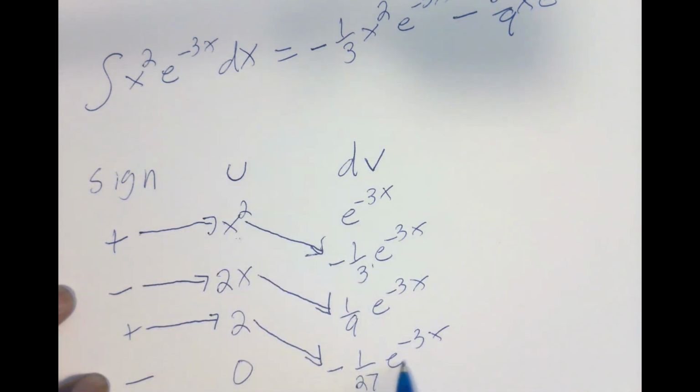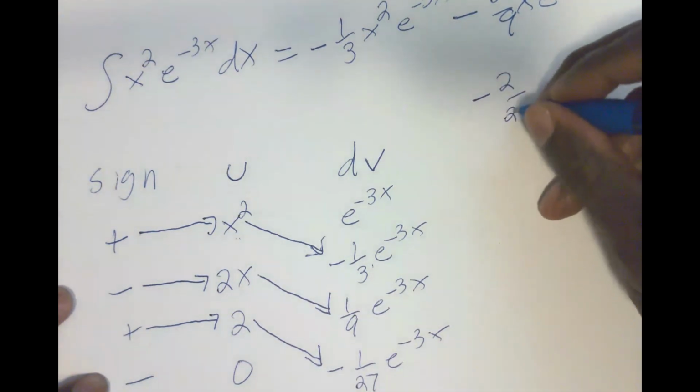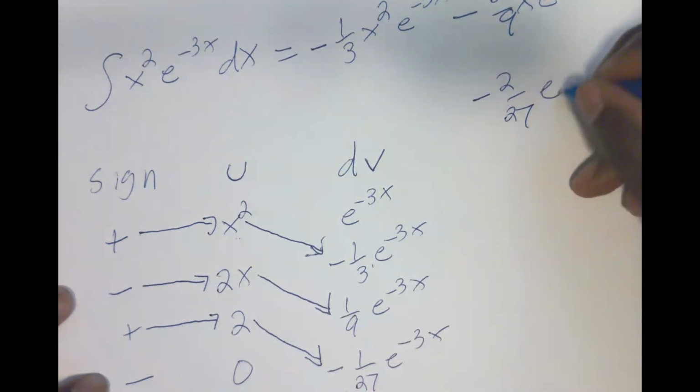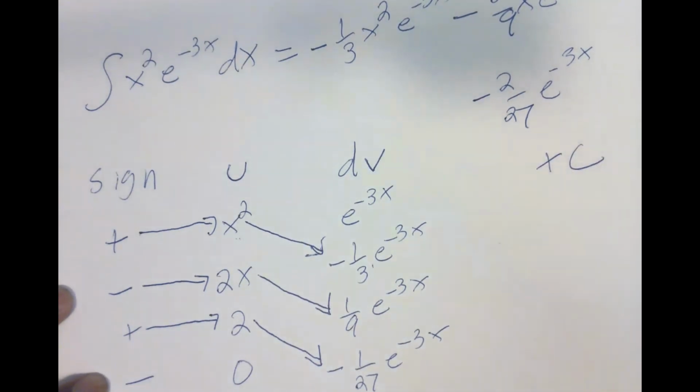Didn't really have to put the minus sign there, but I like to keep everything level. And so again, this is positive, but this guy is negative. So if we multiply, we'll get negative 2 over 27 e to the power of negative 3x plus c. So that's the exact same answer we just got by the other method.